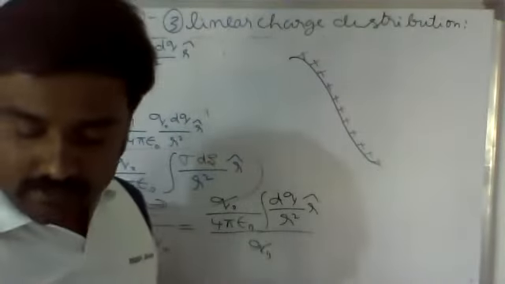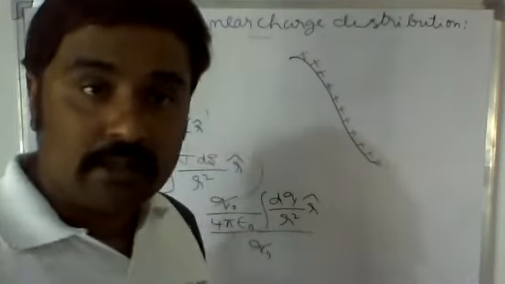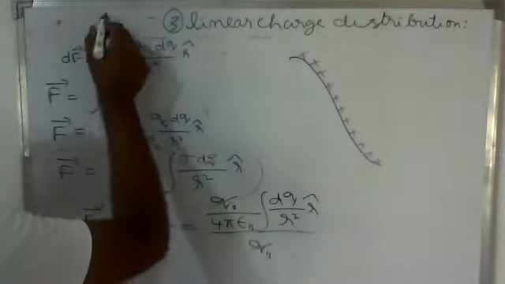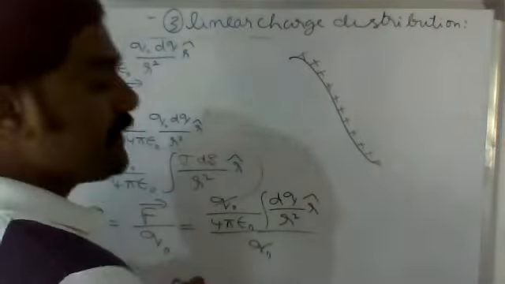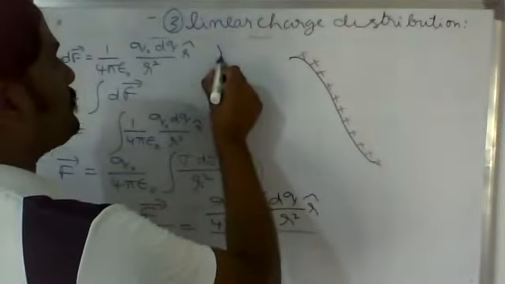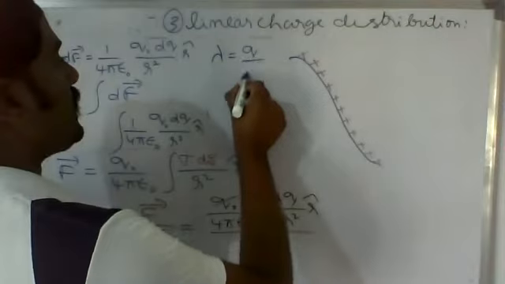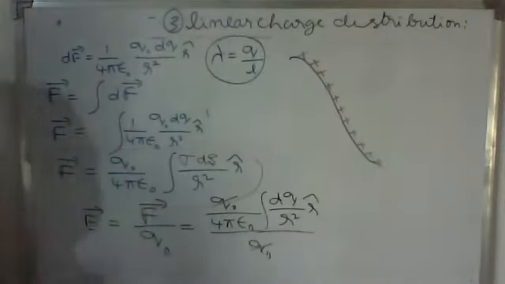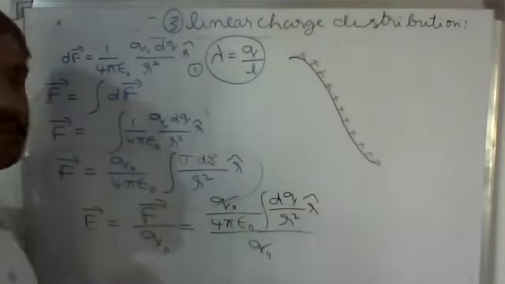That is the meaning of linear charge distribution, which has a linear charge density. The mathematical expression for linear charge density, lambda, is equal to Q by L, charge per unit length. Charge per unit length is linear charge density.